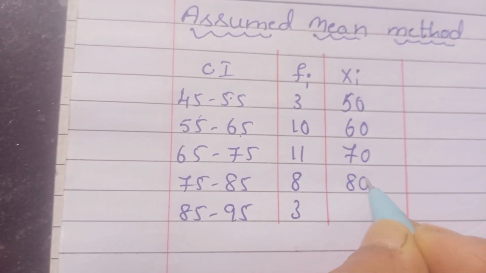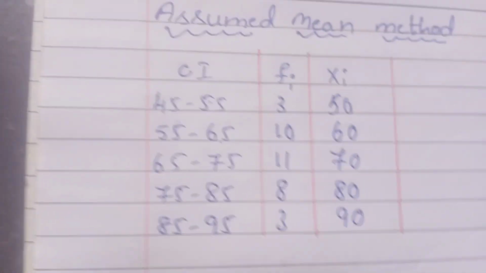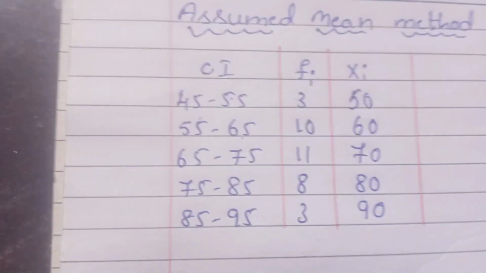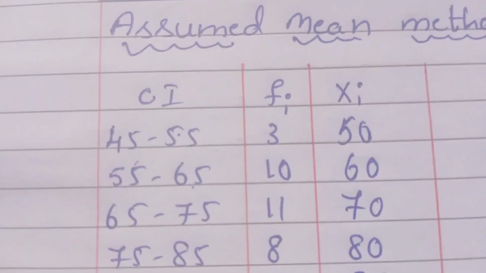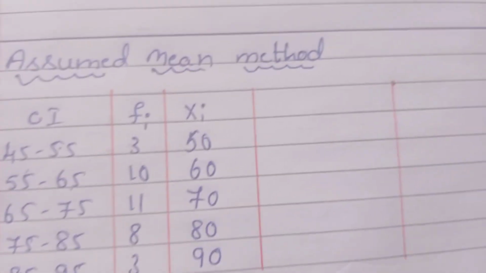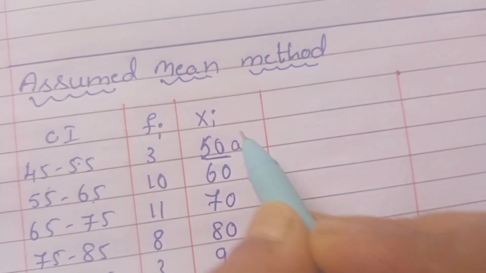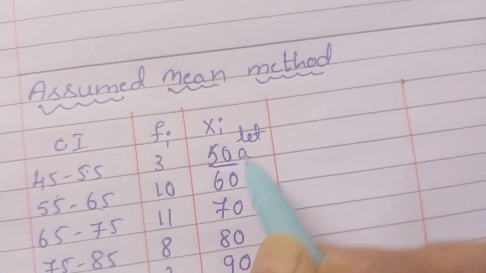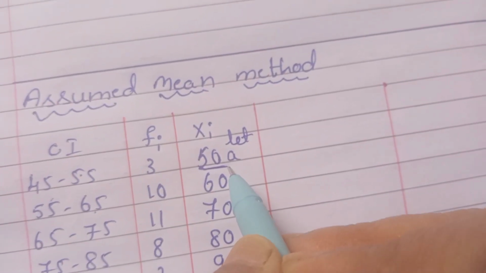Remaining is 70, 80 and 90. In the midpoints, we should assume any one as the mean. I am taking 50 as the assumed mean.